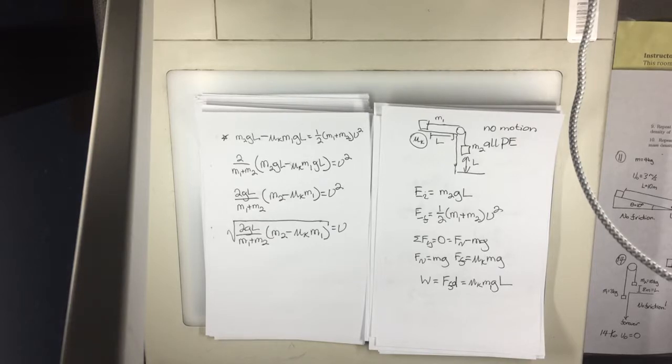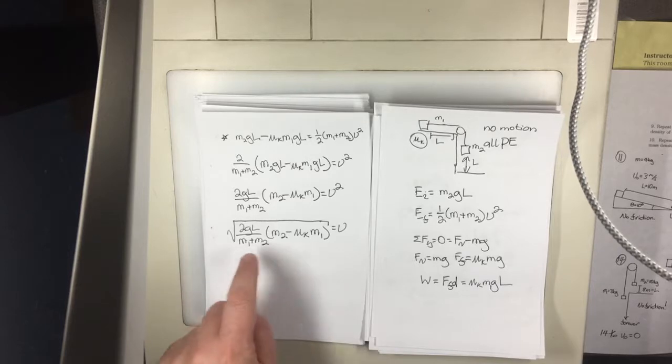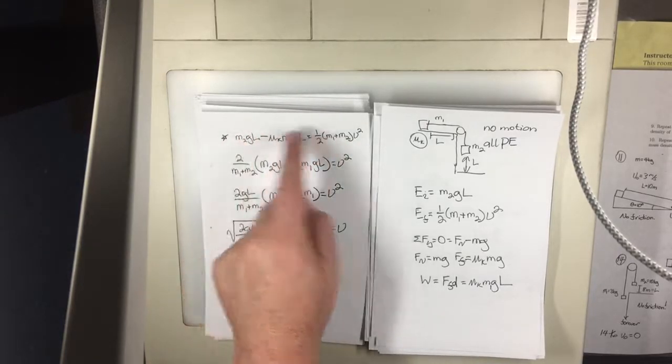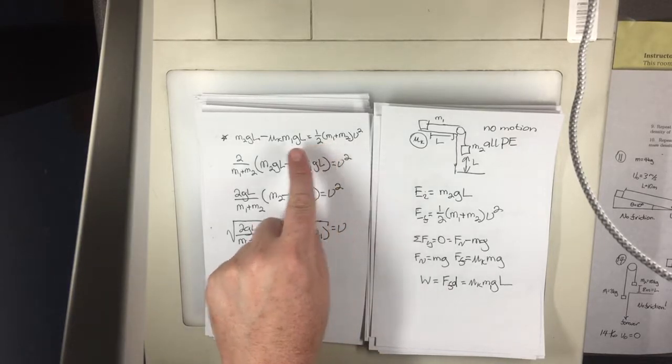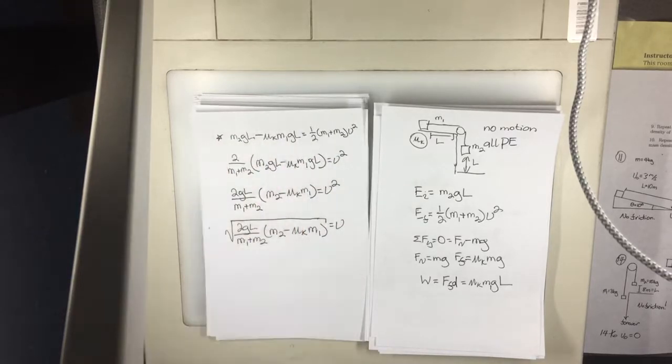So if I needed you to give me tension, I would have to give you the mass. So in a problem like this, if I gave you a ratio of masses and asked you to give me one of the masses, you couldn't do it. I wouldn't ask you for that. If I did ask you to find M1, I would have to give you M2. And then you could just calculate it straight out.